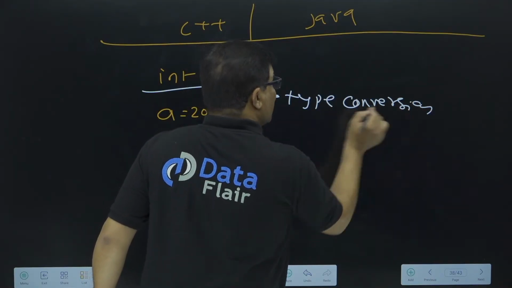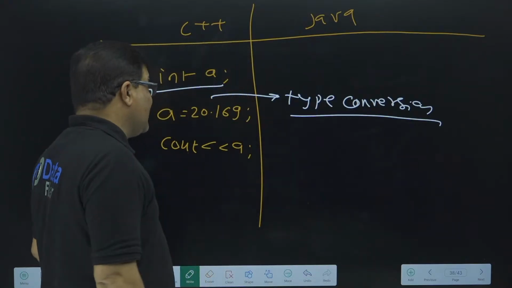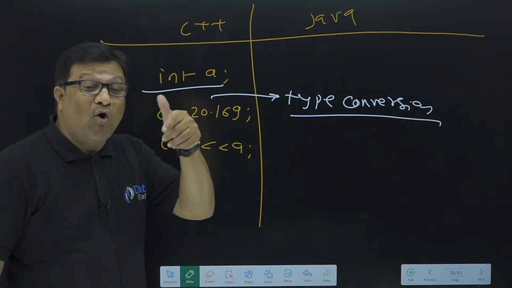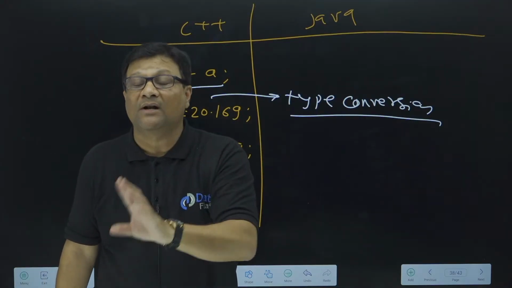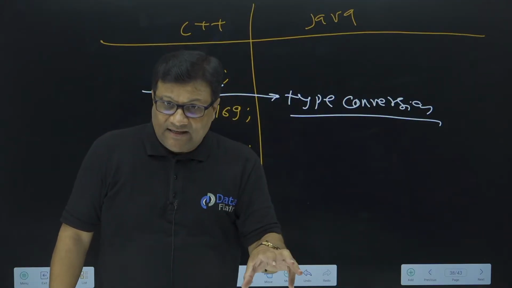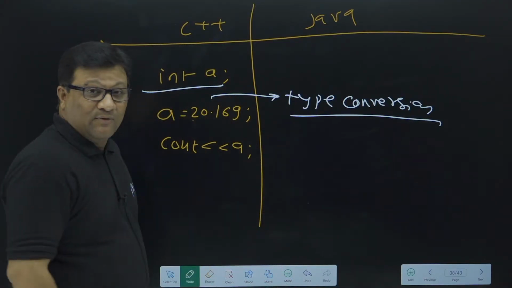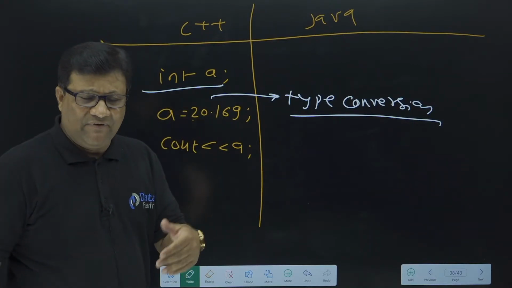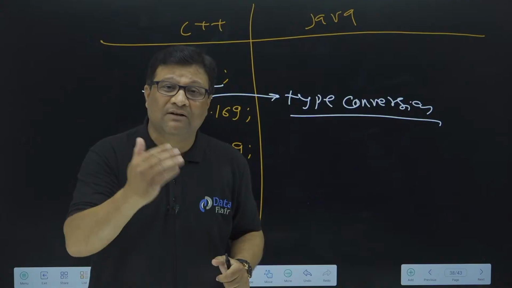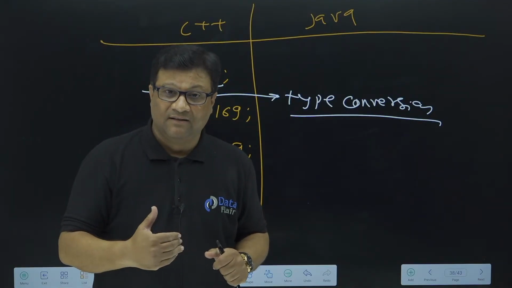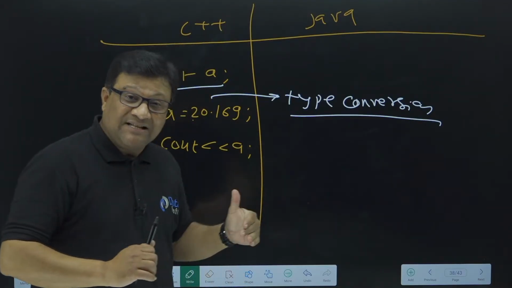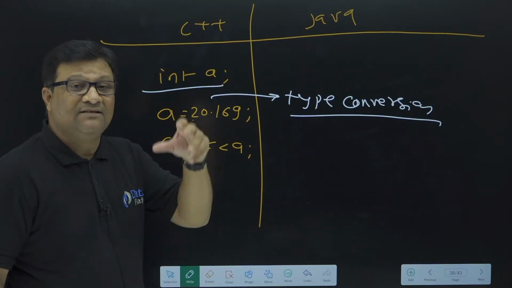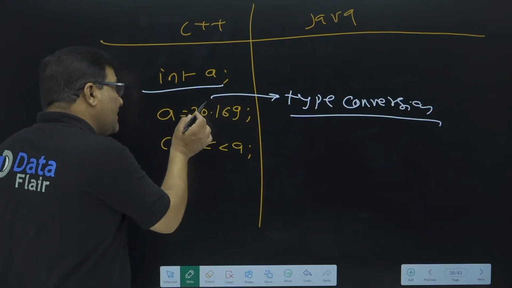Type conversion means that one type of data is automatically converted into another type. Here, actually, this is a decimal value, but it implicitly converts into integer. We have not written any extra code to convert this decimal value into integer. This is an implicit process. Automatically, implicitly, this 20.169, which is a decimal value, is converted into integer.